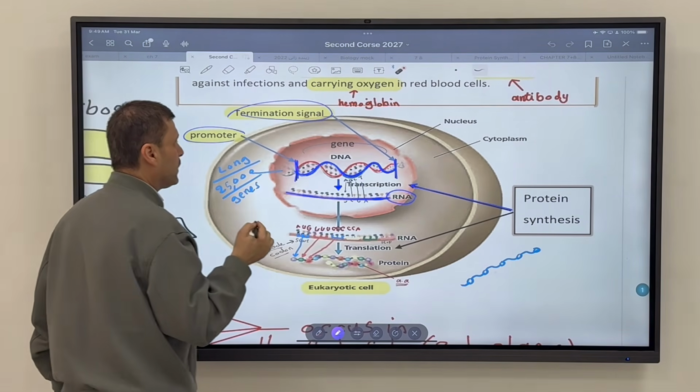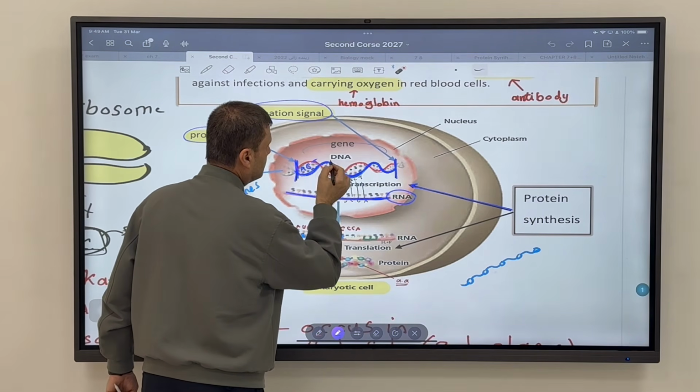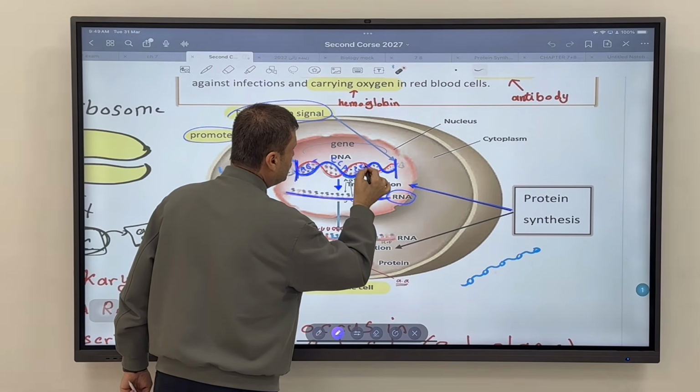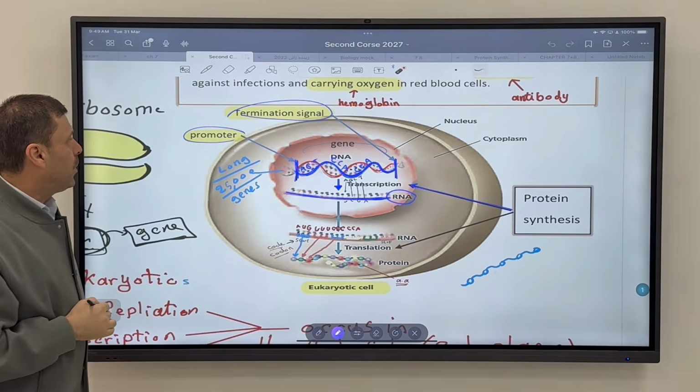Look, during transcription, for example, we have A, G, T, C, C, A, G, G, A on the DNA, which acts as a template. Okay?